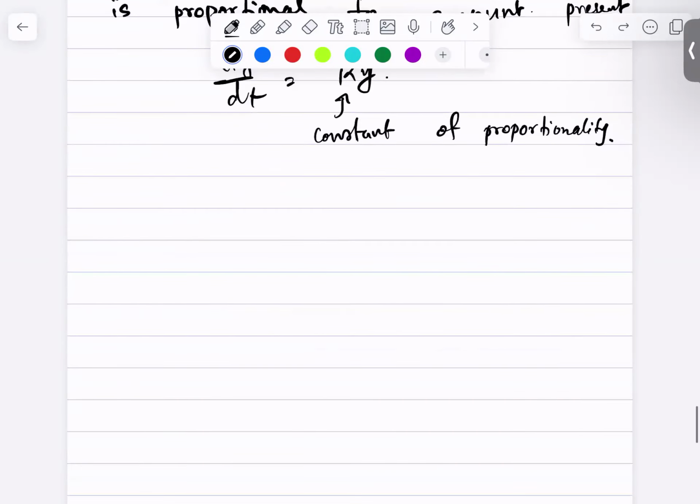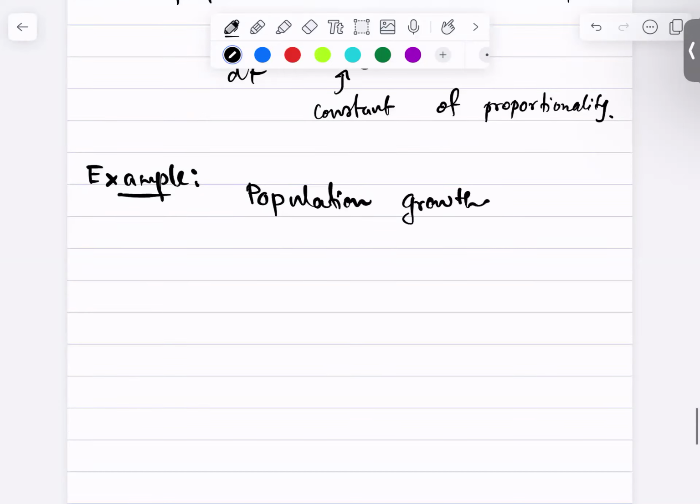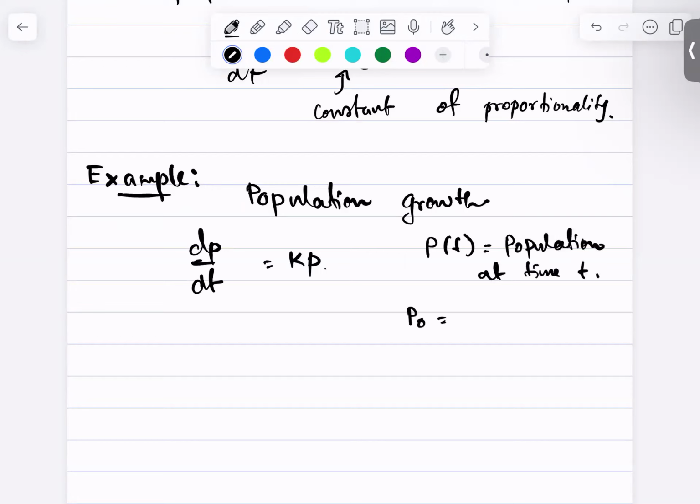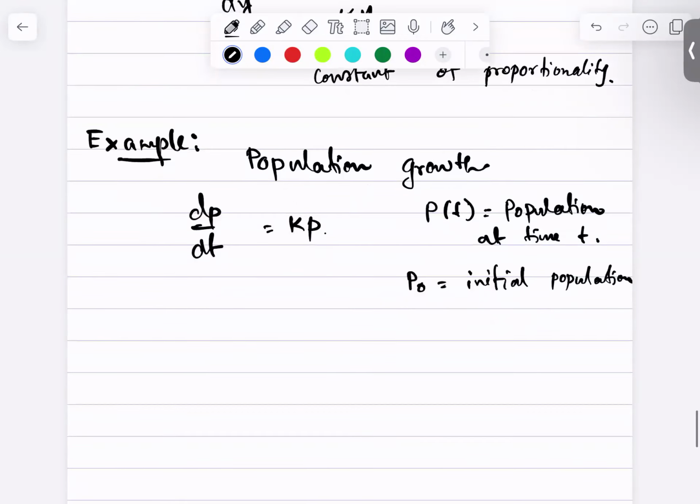Also, say I give this example: a population growth of, say, Chicago is given as dP/dt is kP, where P(t) is the population at time t and P0 is the initial population. Then this type of growth is also exponential.